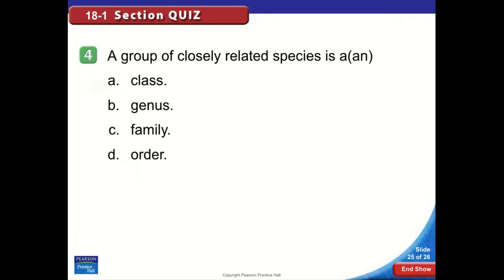Number 4, a group of closely related species is a what? Pause it, get your answer, and then unpause. And the answer was genus.